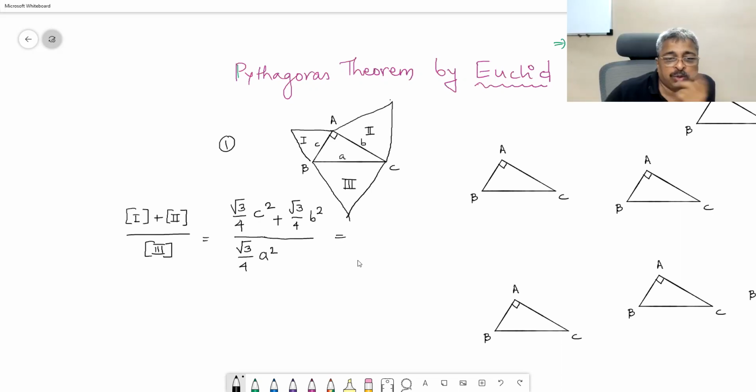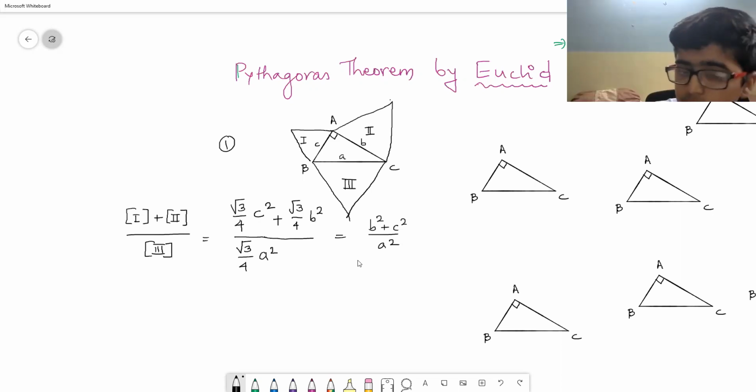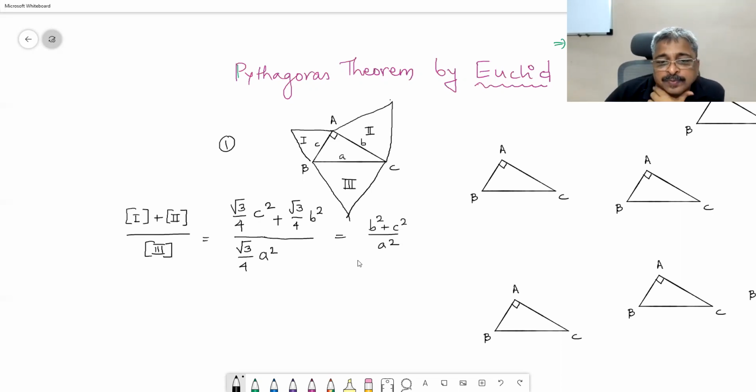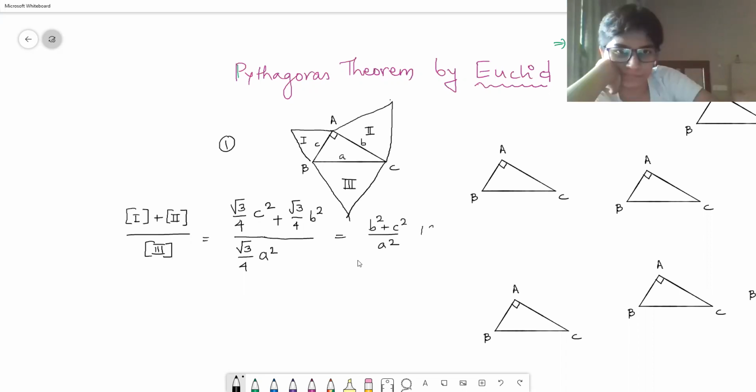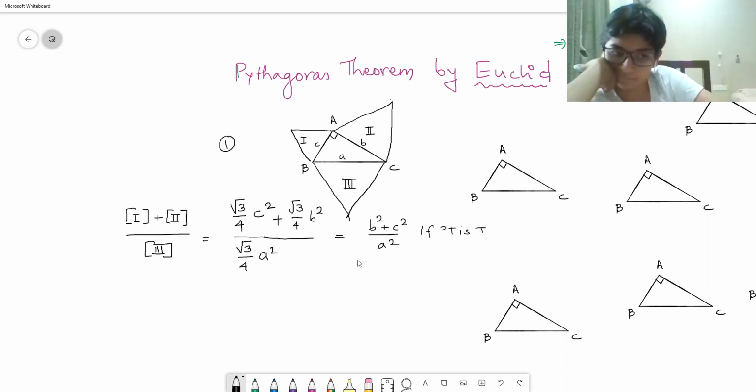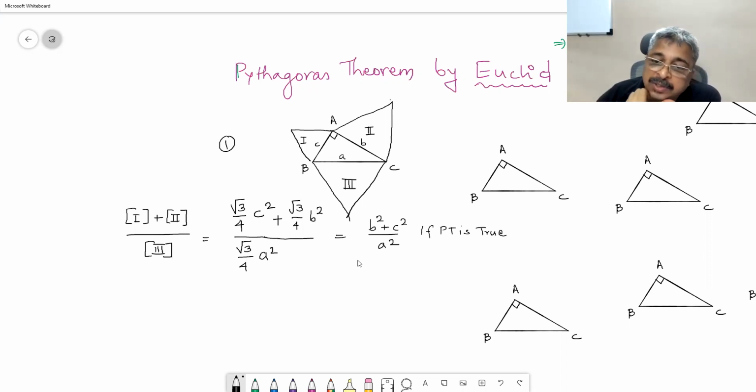No issue. So root 3 will get cancelled from everywhere and you will get b square plus c square upon a square. Is that clear now? And if Pythagoras theorem is true, then this ratio is going to be equal to 1.